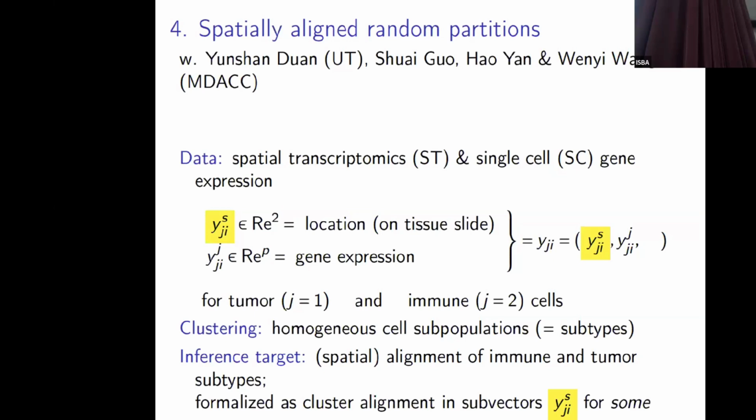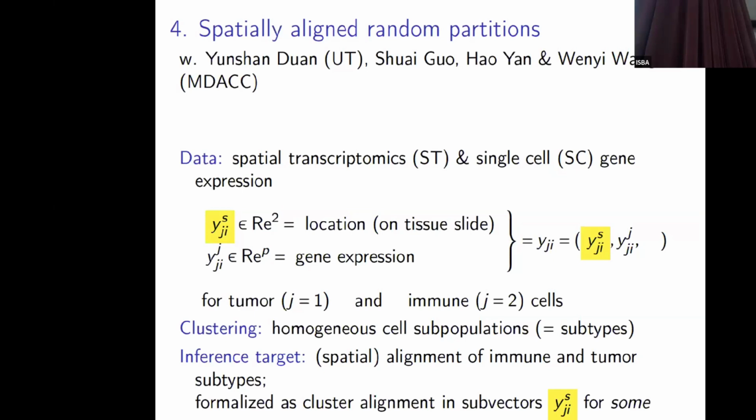And importantly, additionally, we have the yellow subvector, which is literally the spatial coordinates on the tissue slide. So we have the yellow spatial coordinates and the gene expression features. And again, we want to find homogeneous cell subpopulations with the fiction that those correspond to meaningful cell subtypes.